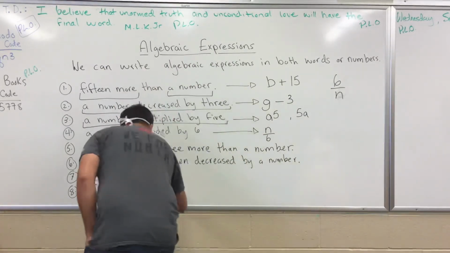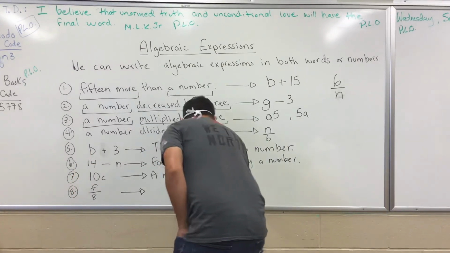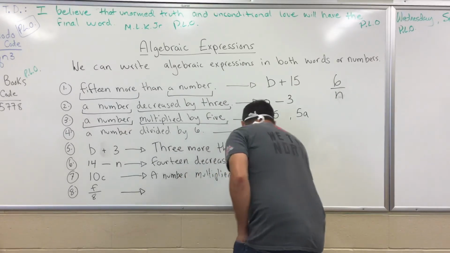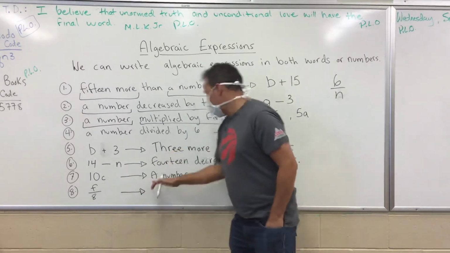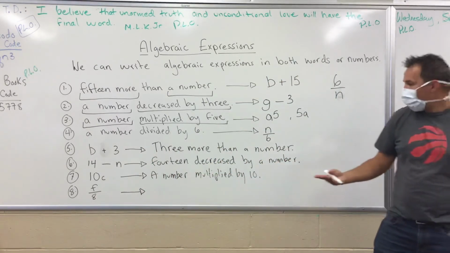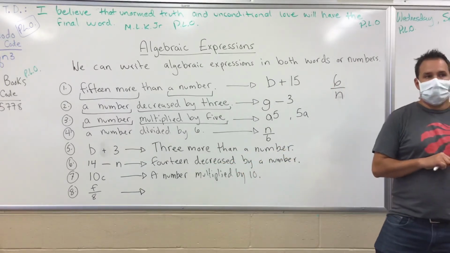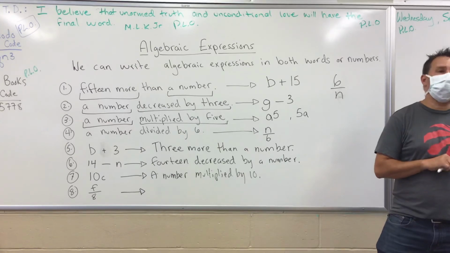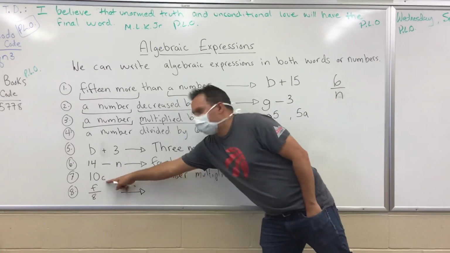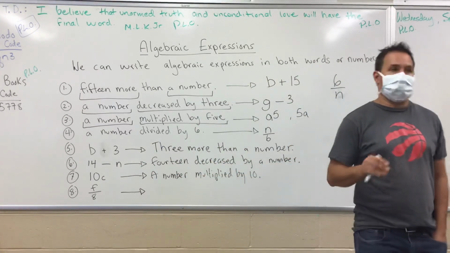So we could say a number multiplied by 10. If I wrote 10 multiplied by a number, am I also correct? Yes, in this case I am. A number multiplied by 10 is the exact same, so it works both ways.